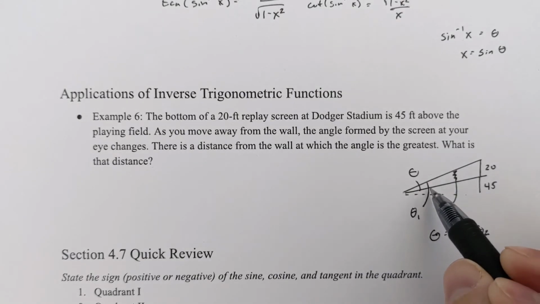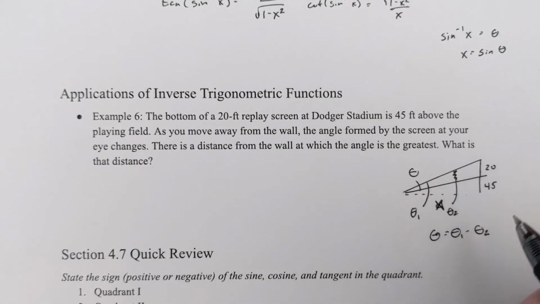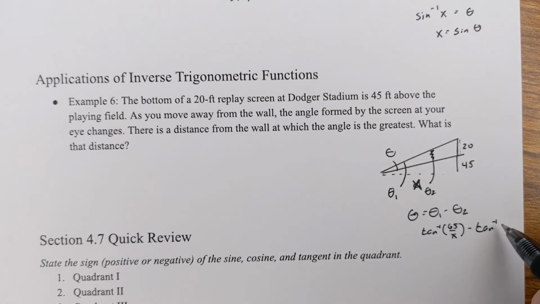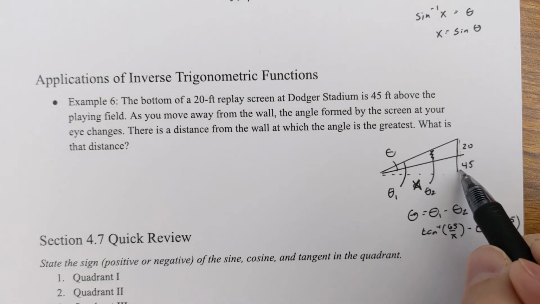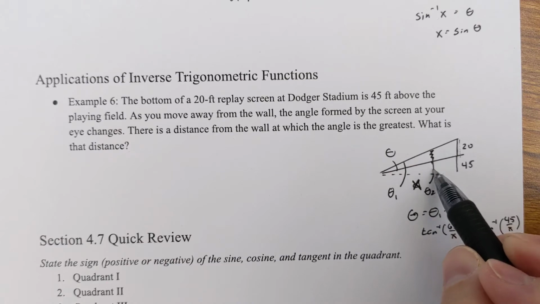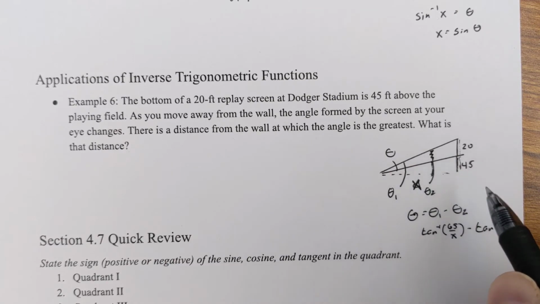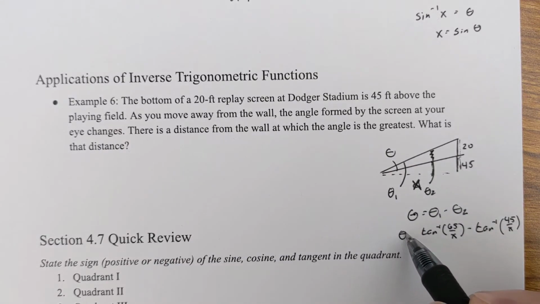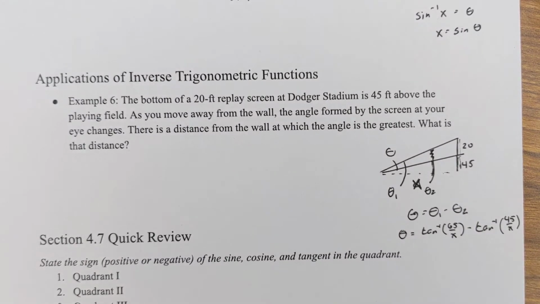Theta 1 is the inverse tangent of 65 over x, because it's this whole side divided by that unknown. Theta 2 is the inverse tangent of 45 over x, because it's just this vertical piece. Theta 2 only runs from here to here, so that's opposite and adjacent is my unknown. So this is the angle I'm looking for.